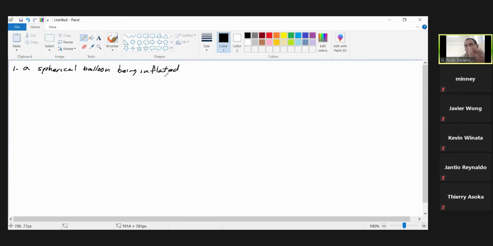You can imagine a balloon that is now being inflated with air, so it's becoming bigger. When that balloon becomes bigger, there are a lot of changes happening to it.